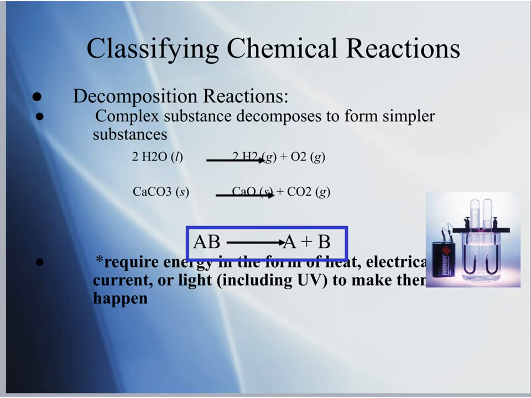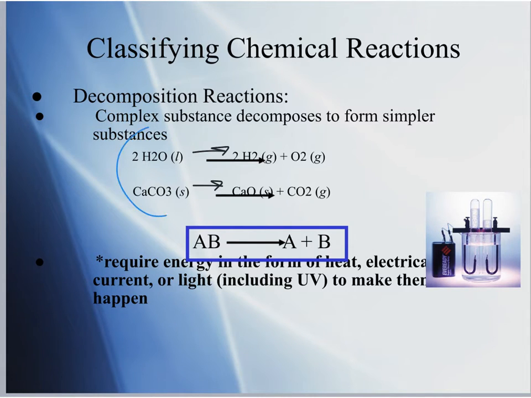Now, the opposite of combination reactions is decomposition reactions. In the last one, we saw that synthesis or combination reactions take two or more reactants and make one product. In decomposition, we are going to be taking one reactant and splitting it apart into two or more products.